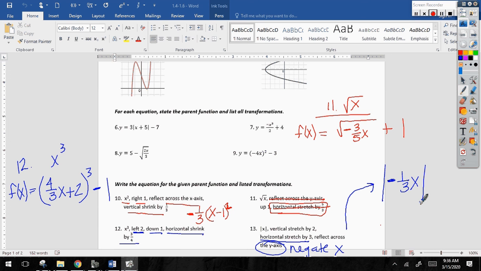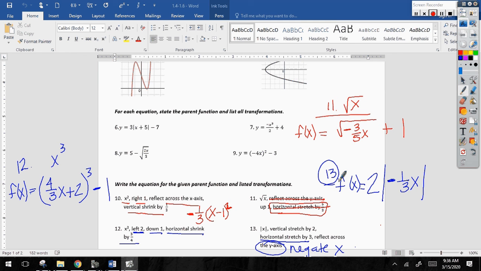Put it in an absolute value, and now also a vertical stretch of 2. So the vertical goes in front. So it would be a 2 out front here to handle that. So this is number 13.